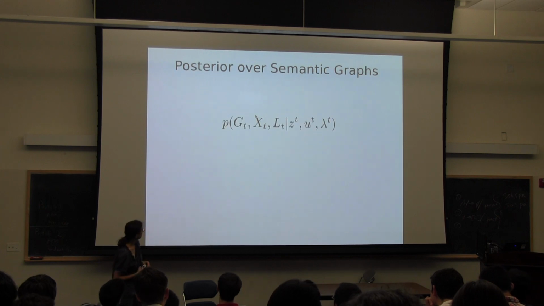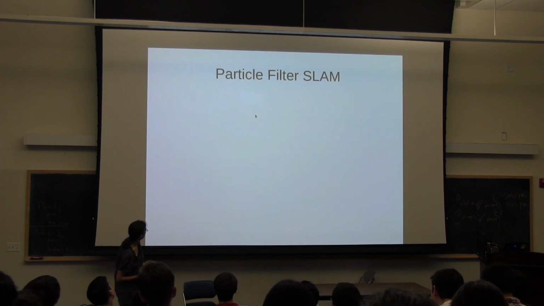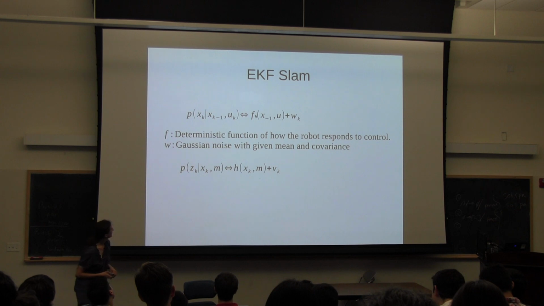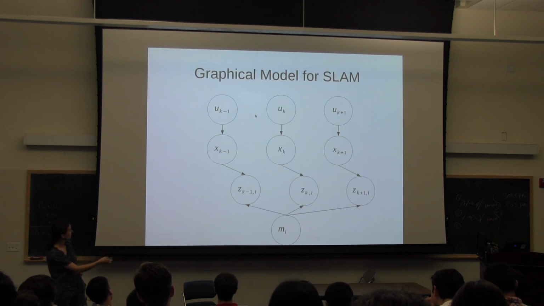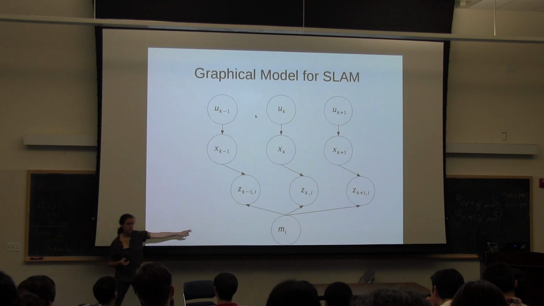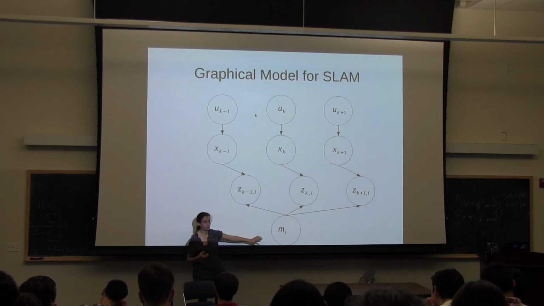So when we write this out, if we go back to this picture here, our state, our M, is modified to have not just the metric map, but also the topological information and the semantic information.